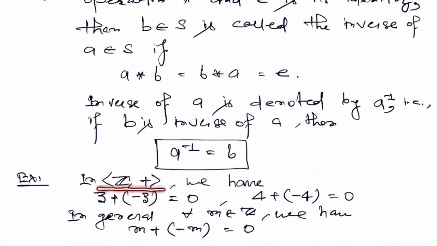Consider the set of integers with plus operation. We have 3 plus minus 3 equal to 0 and 4 plus minus 4 equal to 0. 0 is the identity of this set with binary operation. So if you take 3, then minus 3 is the inverse of 3, and if you consider 4, then minus 4 is the inverse of 4. In general, if you take any integer m, then minus m will be its inverse.